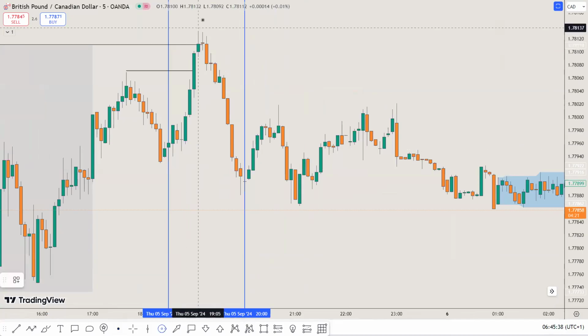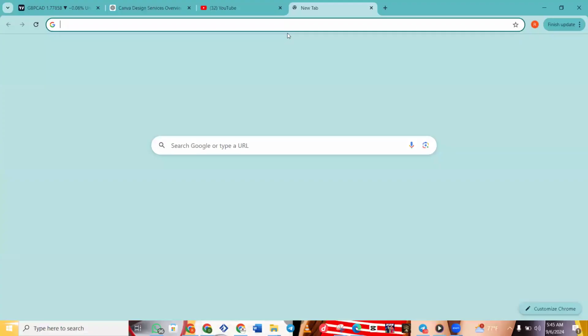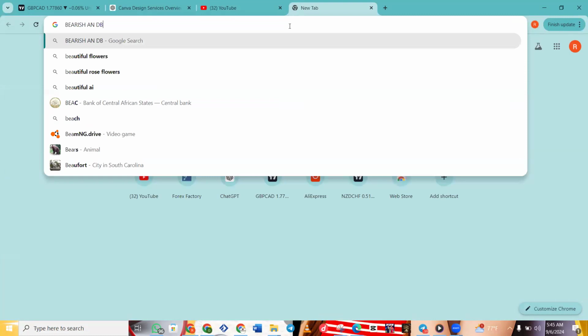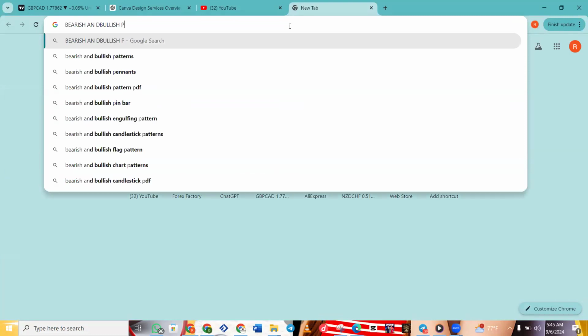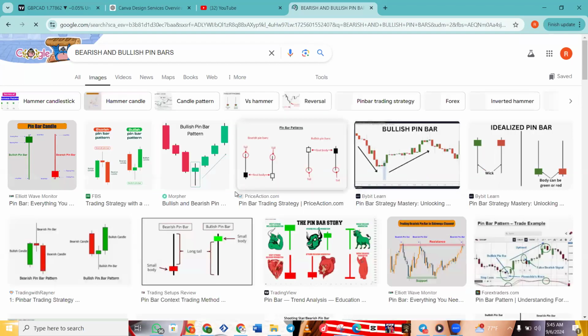Which was shown here. Bearish and bullish pin bar. So for those of you who are new to trading, you just see it and have it at the back of your head.